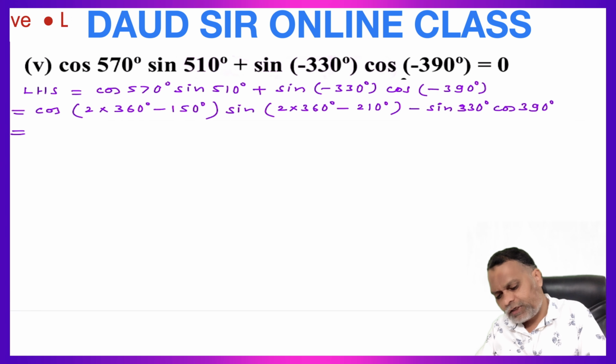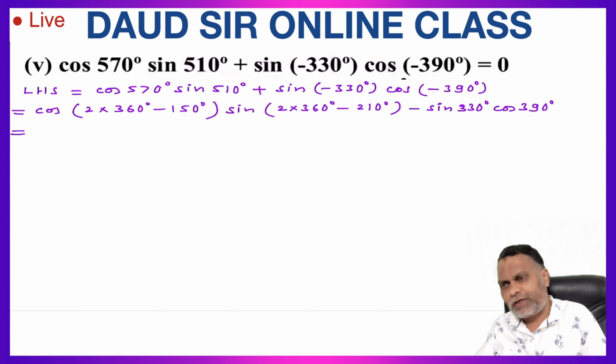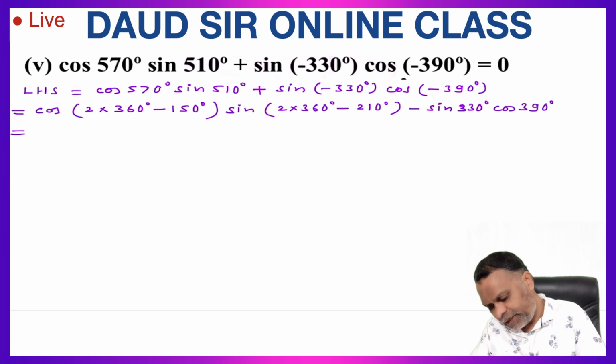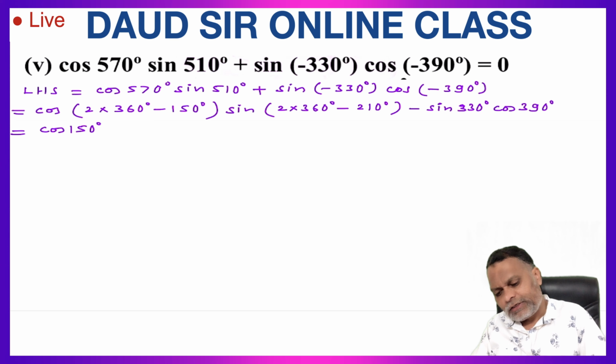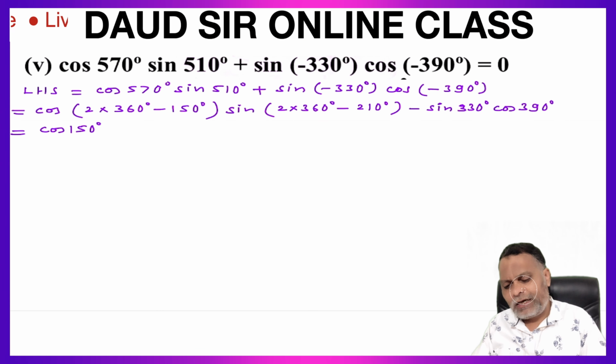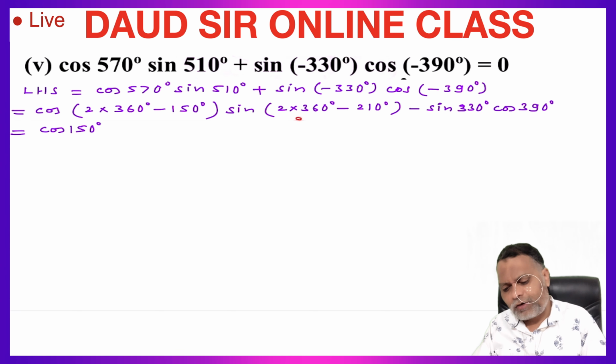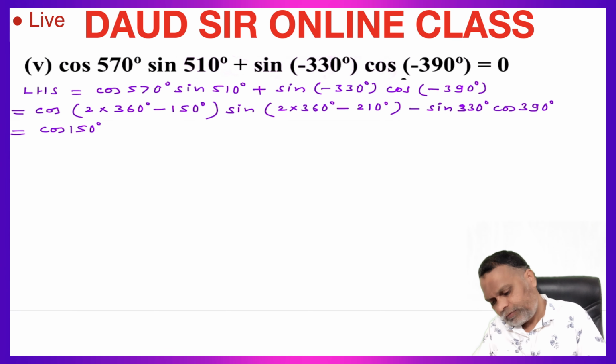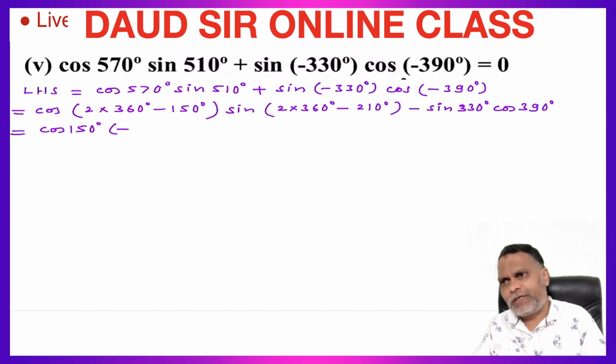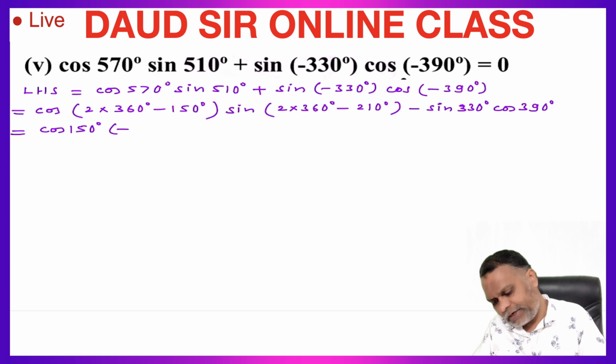In fourth quadrant cos is positive, this is cos, so plus sign. In case of 360 degree there is no change, so cos 150 degree. Sin n into 360 minus theta, this 2 is the number of rotation. 360 minus theta lies in fourth quadrant. In fourth quadrant cos is positive, this is sin, so minus. In case of 360 degree no change, so minus sin 210 degree.